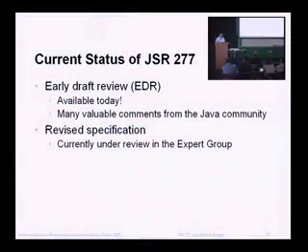And since it has been published, we have received many valuable feedback from people in the Java communities. So we have been working on the revised specifications in the expert group, and it is currently under review and discussions inside the expert group mailing list. And we hope that we will be able to make these versions of the specification available later this year.